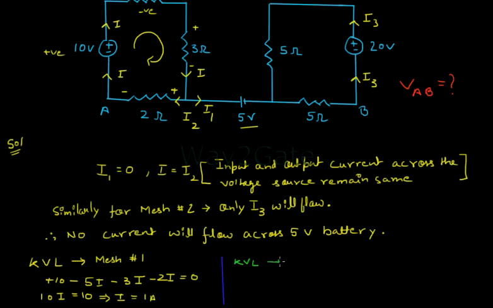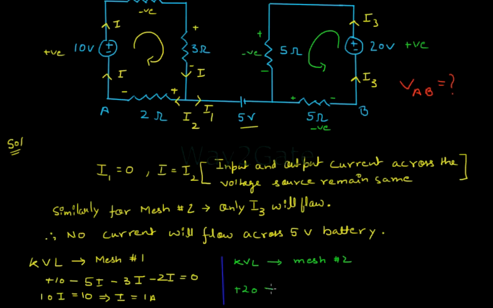Similarly, for mesh 2, we have voltage rise across the 20 volt supply, as current is flowing from negative to positive terminal, therefore plus 20, and voltage drop across both 5 ohm resistances.